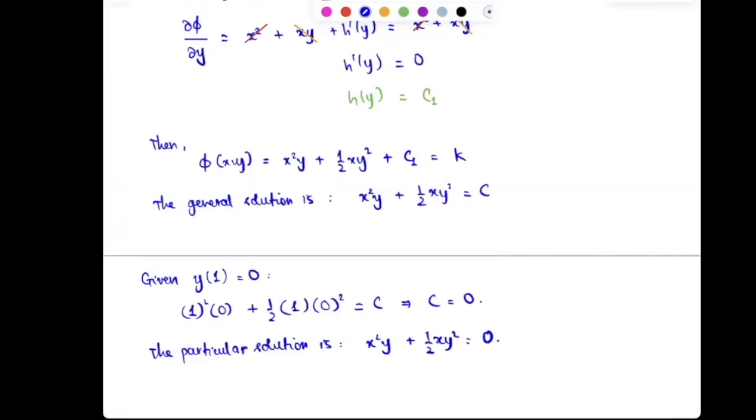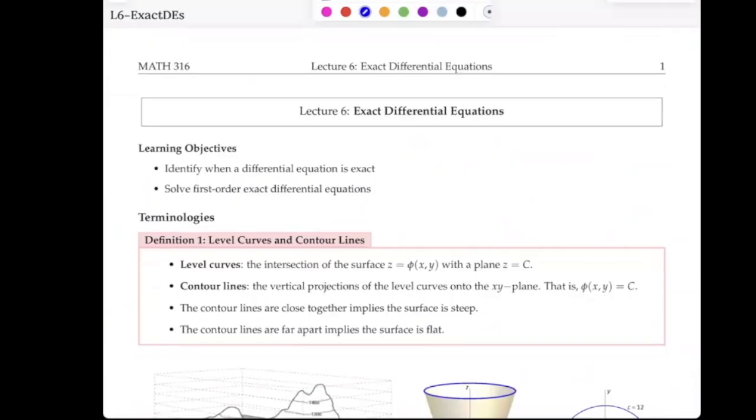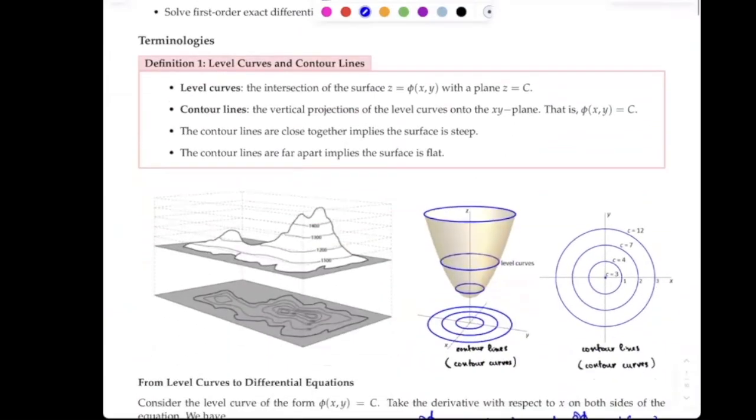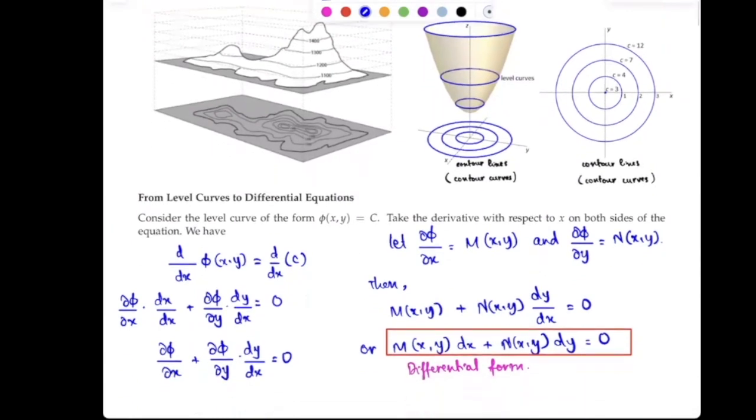In this lecture, we went over another solution technique to find the solution to first order differential equations. The differential equation in this case is, of course, a first order differential equation. It is usually written in this form, M plus N times dy dx, or M dx plus N dy equals 0.